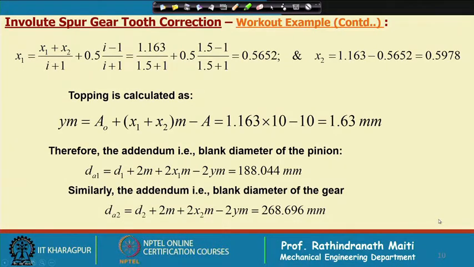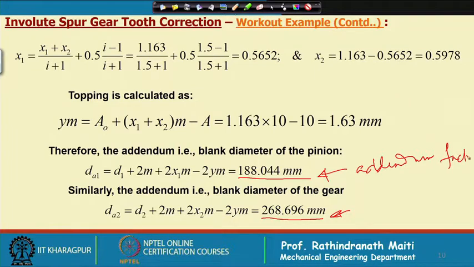And similarly, the addendum blank diameter of the gear we can calculate as this one, and both of these is having addendum factor above working pitch circle is 1 into module.